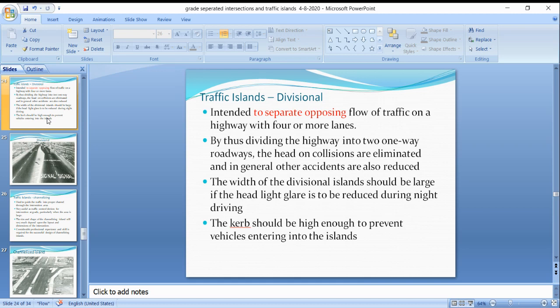In between the two one-ways we provide a divisional path, which should have a large area to reduce glaring light during night driving. The curb should be high enough to prevent vehicles from entering the island.